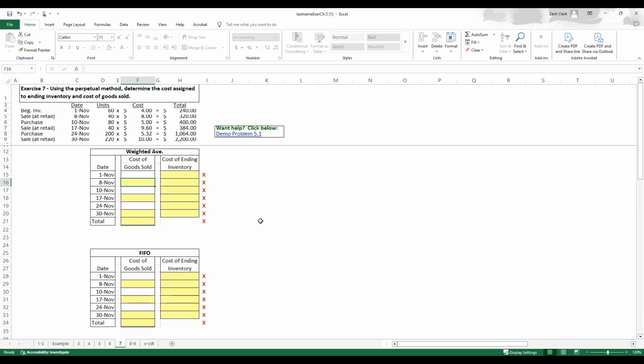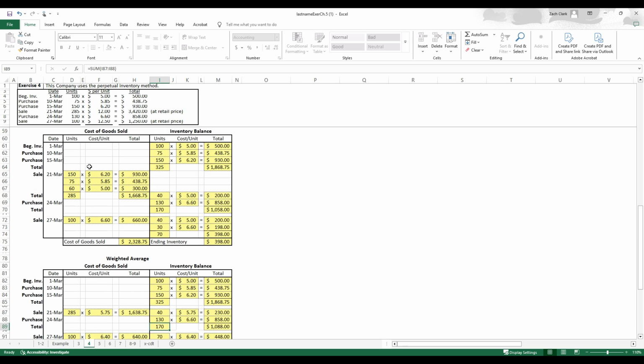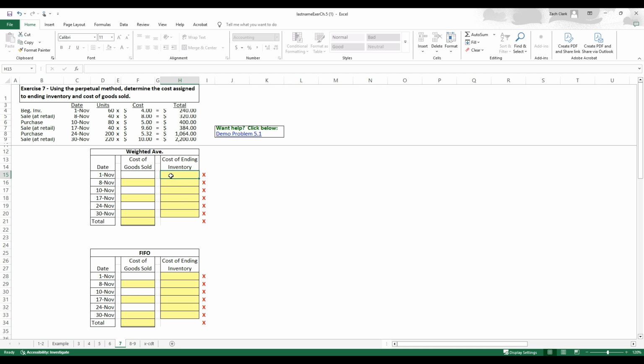So this is a little different methodology or presentation style here. We want to see what's the cost of ending inventory and the cost of goods sold. I think we're doing a very similar thing that we did on these first problems, but we're not given the full template like we have there to do it.